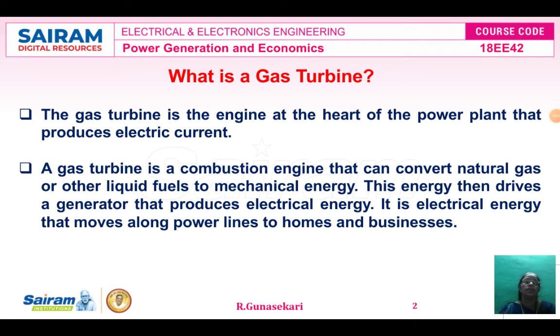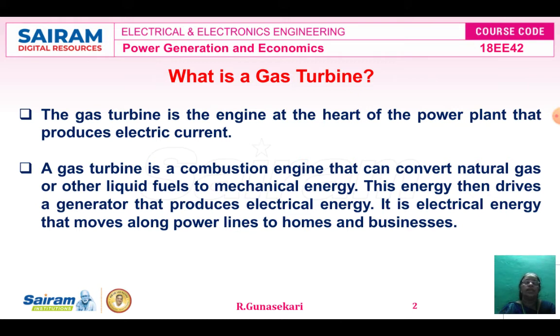Before, we studied the introduction to gas turbine power plant. What is a gas turbine? The gas turbine is nothing but an engine at the heart of the power plant that produces electric current. The gas turbine is a combination of engine that can convert natural gas or other liquid fuels to mechanical energy.